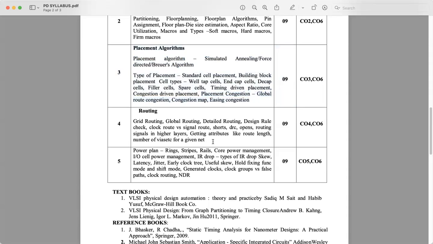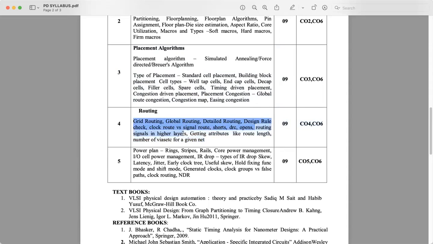Now, with respect to routing, you have grid routing, global routing. Routing is nothing but these connections that happen from one module to another, right? And design rule checks, DRCs, clock route versus signal route. Then shorts, are there any shorts? Then opens, any open path.